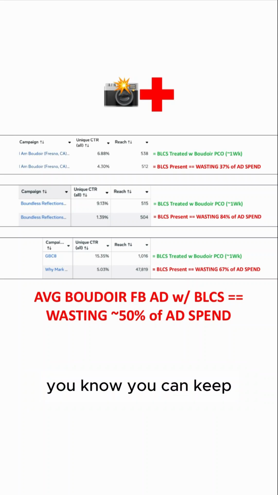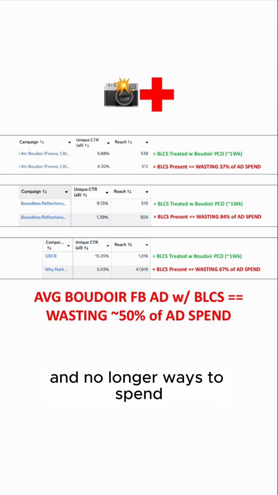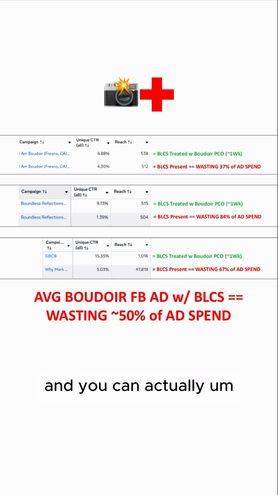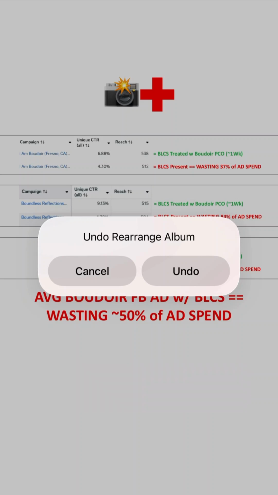You can pocket that approximately 5K a month that is no longer wasted spend. That'd be like 60K over the next 12 months. So that's an outcome you want.